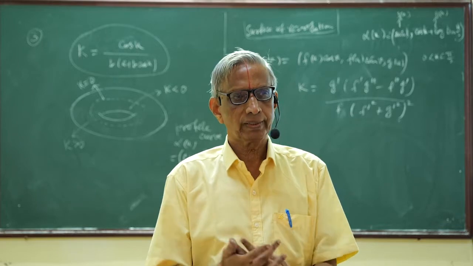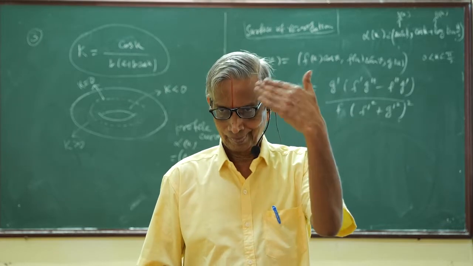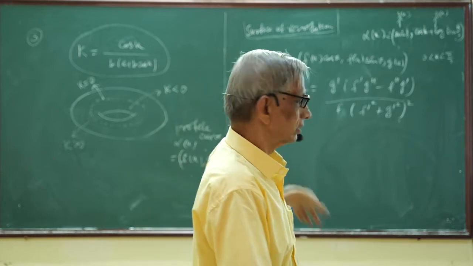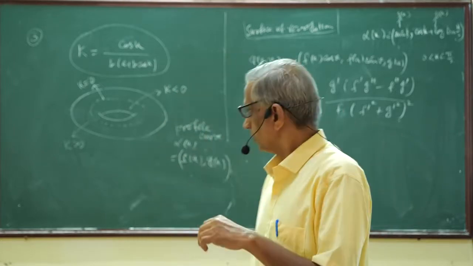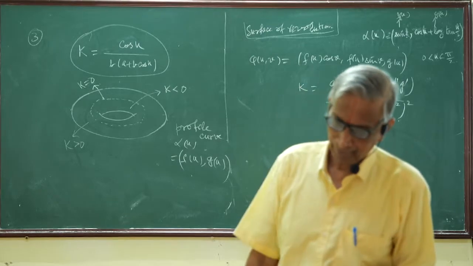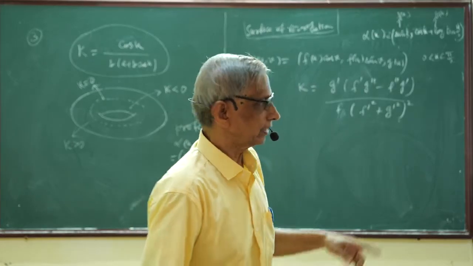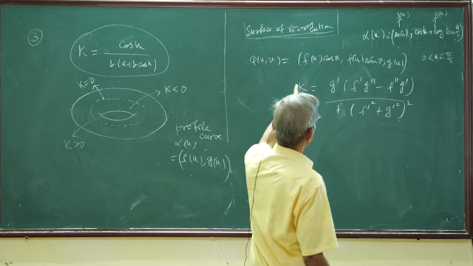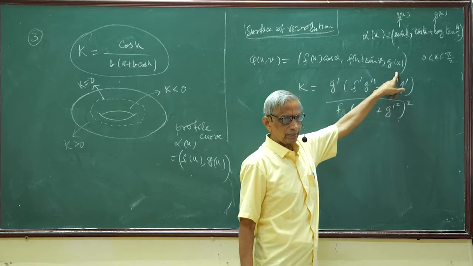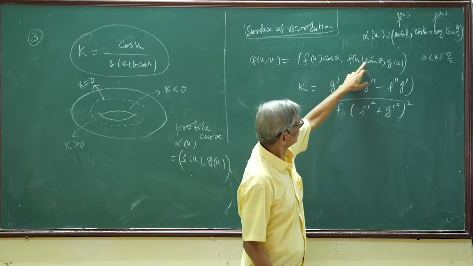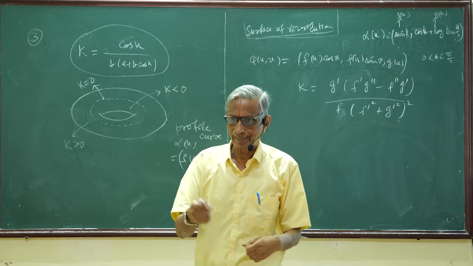Because if you take the surface and take what are called the profiles on the surface, you will get the curve. So in any case, once you have the parametric equation of the profile curve that you rotate, then the parametric equation of the surface can be written in this form. You are going to rotate, so naturally you get cosine and sine.